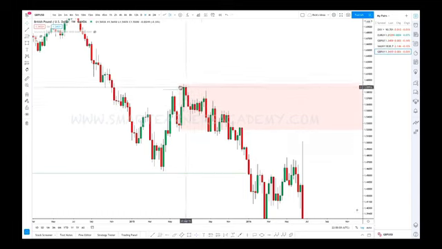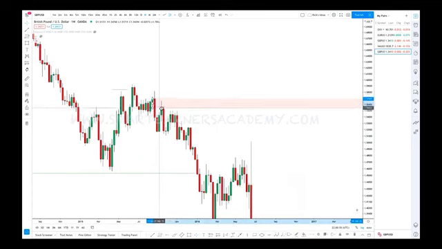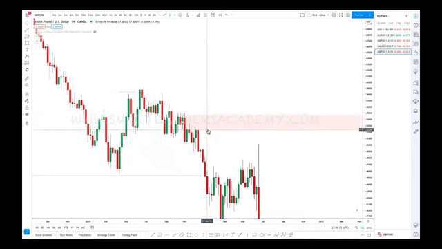Now we have the next one, which is this one, which was tapped in. Now we have the next one here, which is this one, which was also tapped in. And then we have the next one, which is this one, which was also tapped in, isn't it?